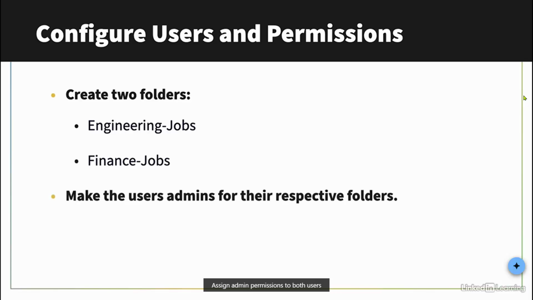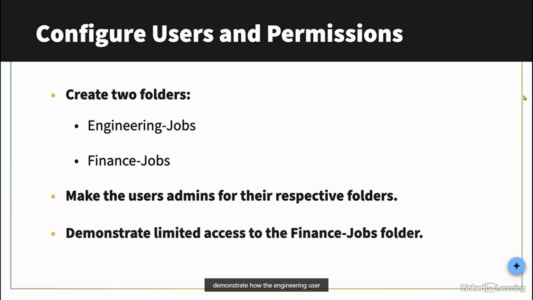Assign admin permissions to both users in the folder that corresponds to the user name. And finally, demonstrate how the engineering user can access or manage items inside the Finance Jobs folder. This challenge should take 10 to 15 minutes to complete. Solve this challenge by applying what you've learned about securing Jenkins, and then join me in the next video to discuss the solution.